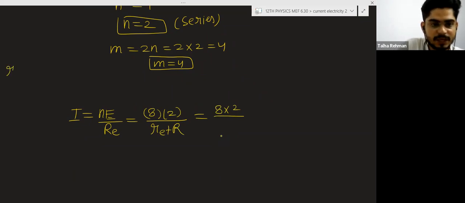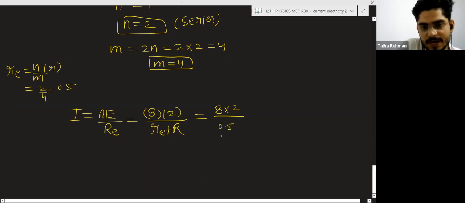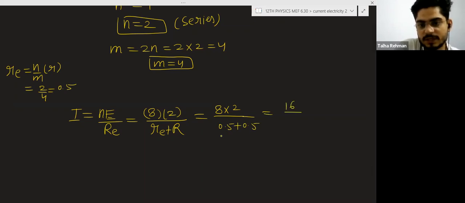When you calculate the R equivalent, you will get N by M into R. You will get N as 2 by 4. You will get this 0.5. So this is 0.5 and external resistance is also 0.5. You will get this 16. You will get 1. So the answer will be 16 ampere.